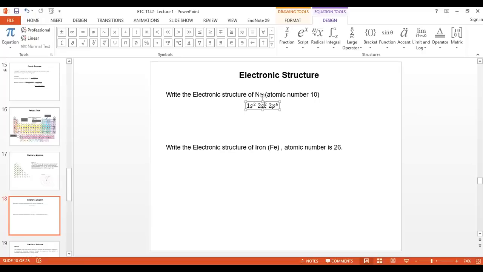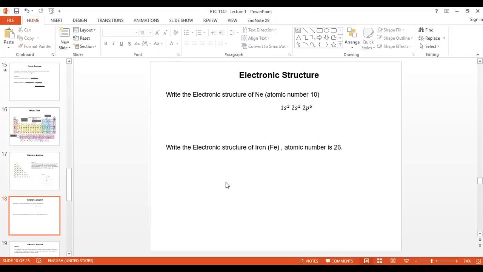In the 2s energy level, there can be 2 electrons, so there is 2. Here there can be 6 electrons, so it's filled. This 2 plus 2 plus 6 is 10, the number of electrons in neon. So this is the answer.